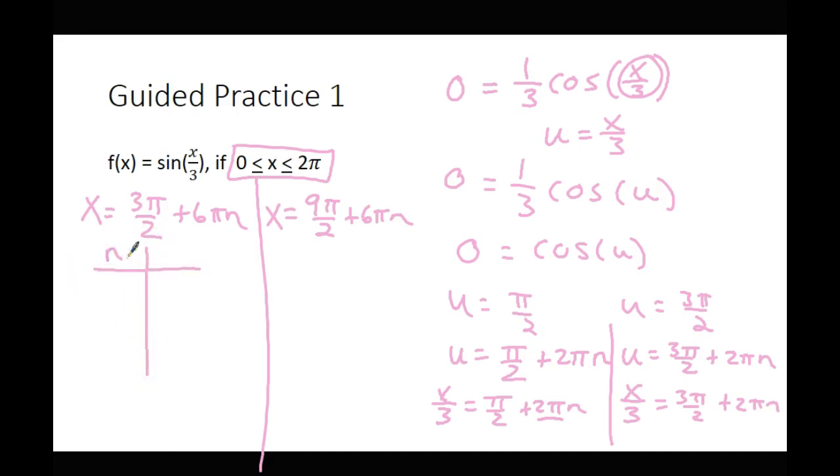You pick numbers for n, and you get your x's. So for instance, if I plug in 0 for n, what would I get as an answer for x? I would just get 3 pi over 2. Is that on my interval? Yes, it is. What if I plug in 1?